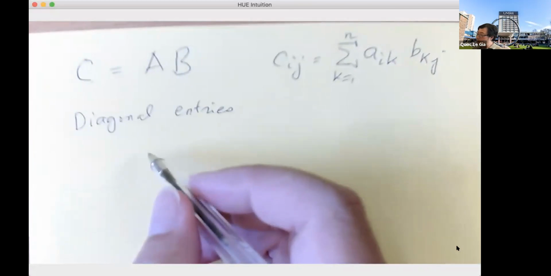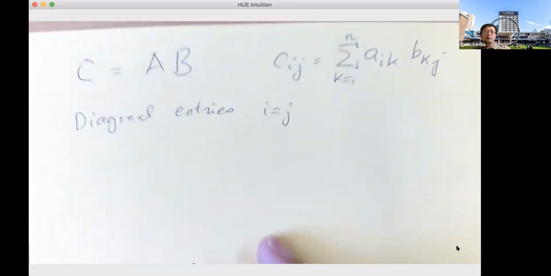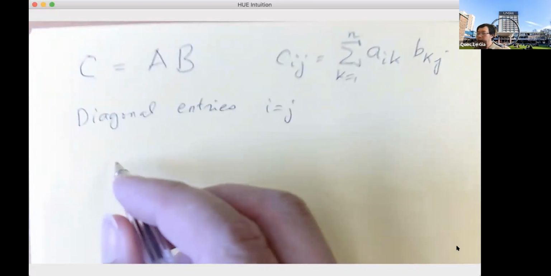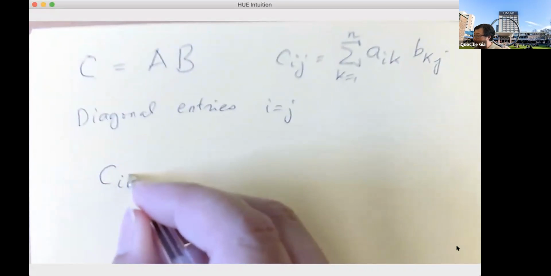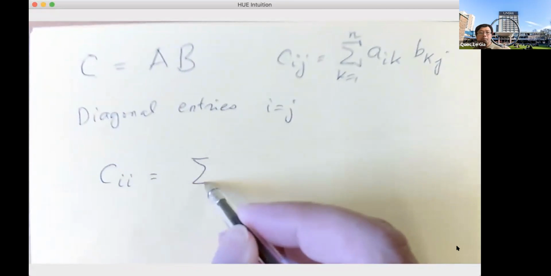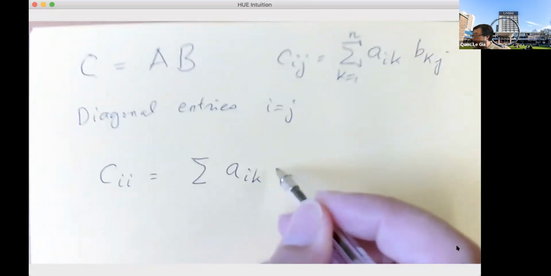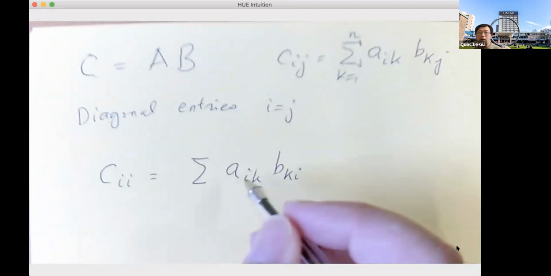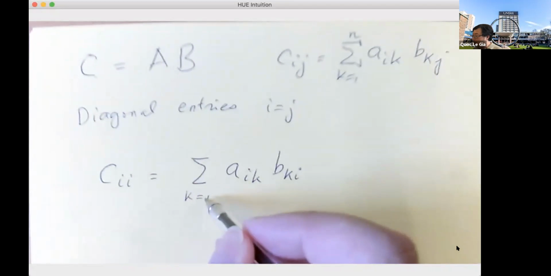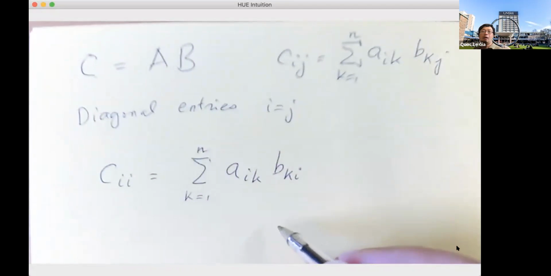Diagonal entries are when i equals j. So I just have C_ii, and the sum above reduces to the sum over k from 1 to n of A_ik B_ki. Now what is the trick? The trick is that I split this into two sums.